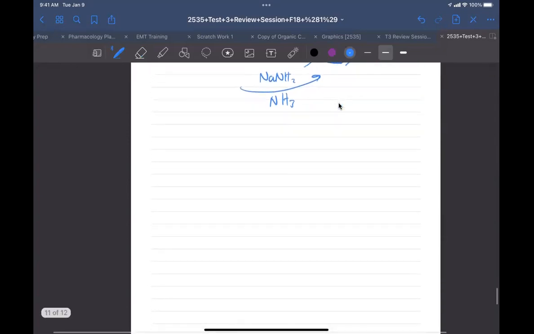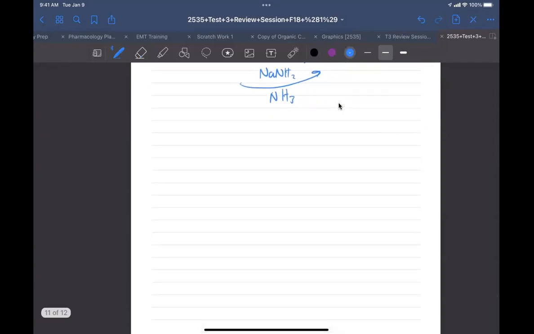Another move, Lindlar's, we have an alkyne. Hold on. Let me try to think of something really good. If we have something like an internal butene, and we're trying to make a terminal butene, how can we do that?